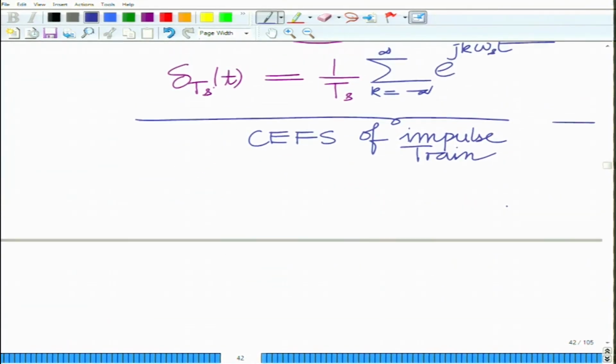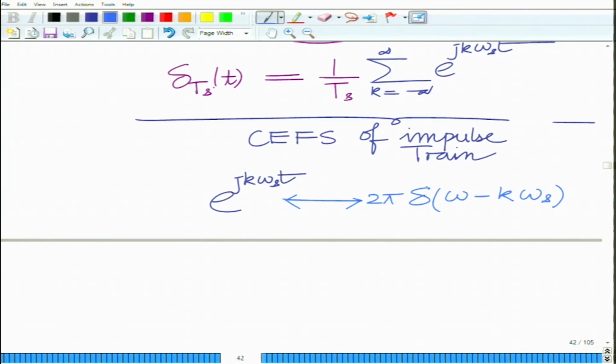Now, taking the Fourier transform, you recall that e raised to j k omega s t has a Fourier transform 2 pi delta omega minus k omega s.